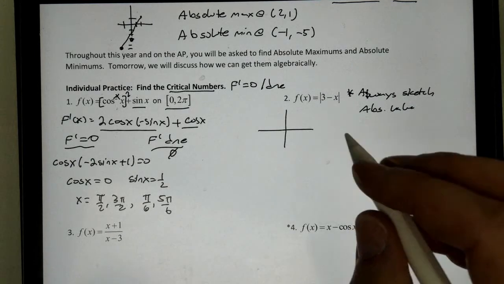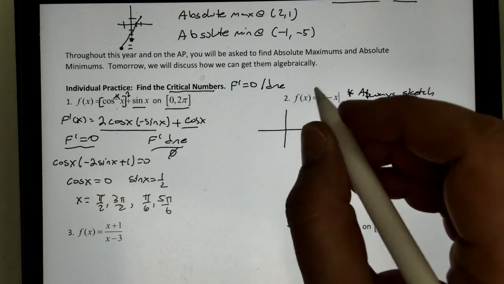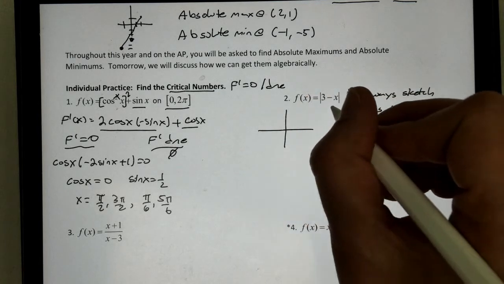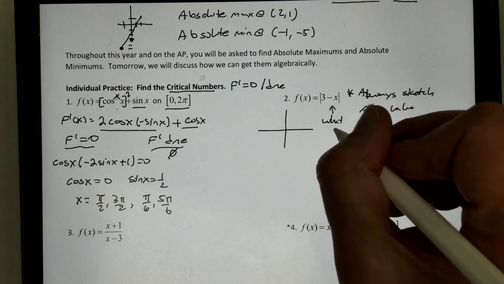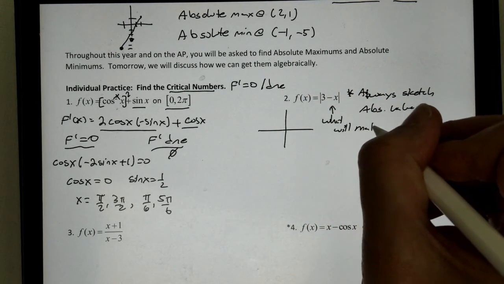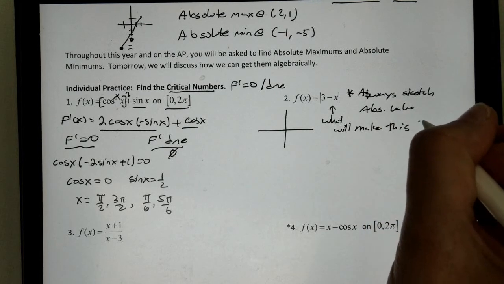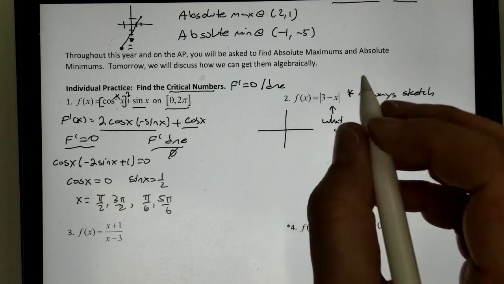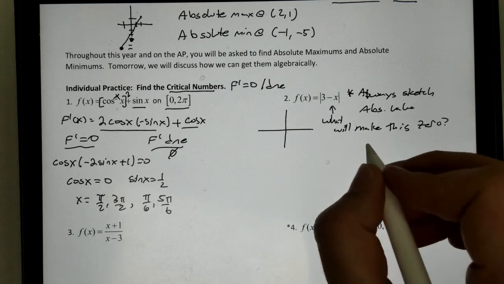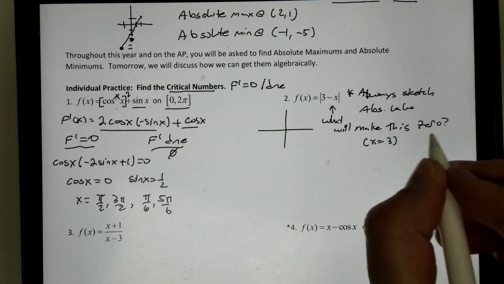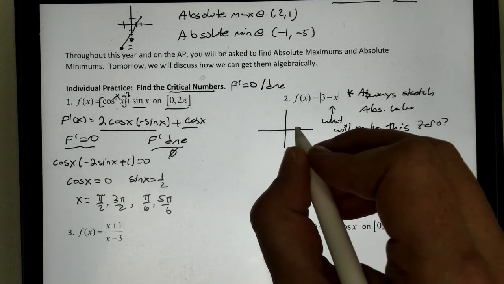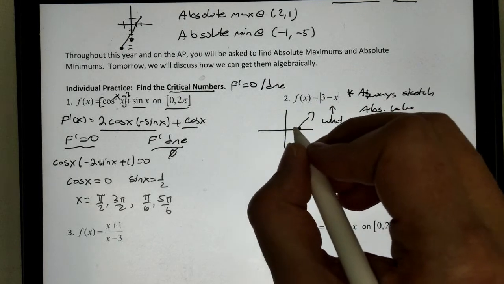A quick way to get the vertex is to ask, what will make this 0? If I do that, x is going to be 3. X equals 3 will make that 0. So I have the point 3, 0. It's positive, so it's going to open up.